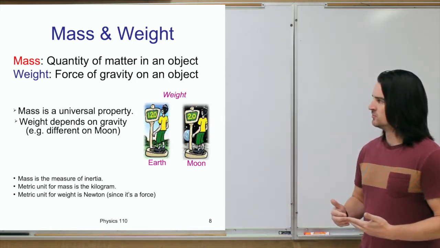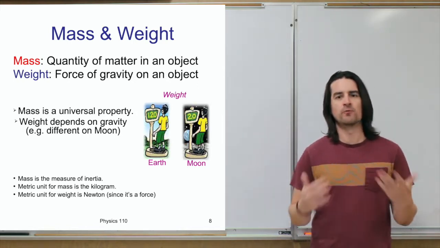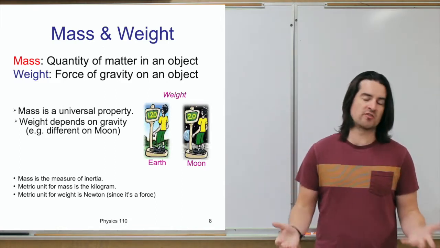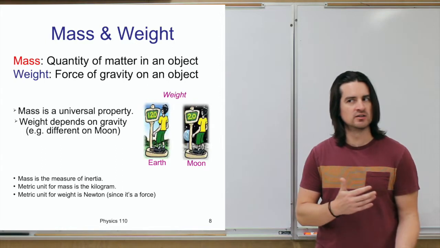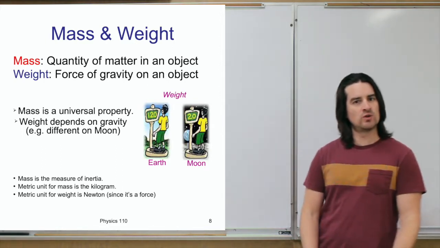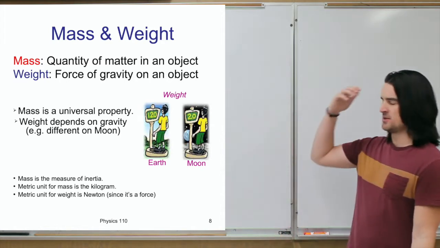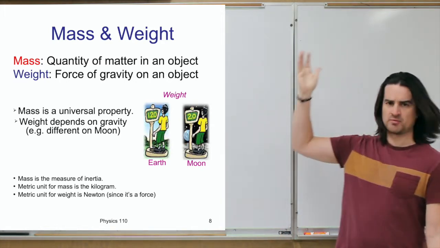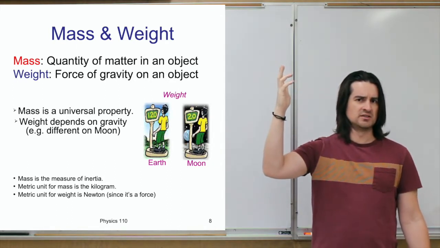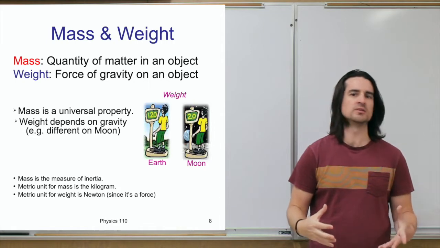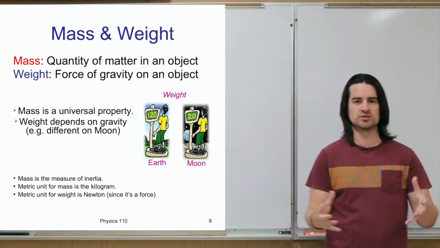So weight is essentially a measure of just the force of gravity on an object. And since the force of gravity can change depending on where you are, like if I'm on the Earth's surface, it's one thing. If I'm on the moon's surface, it's maybe a sixth of the Earth's gravitational pull, or a sixth of the Earth's gravitational field strength.